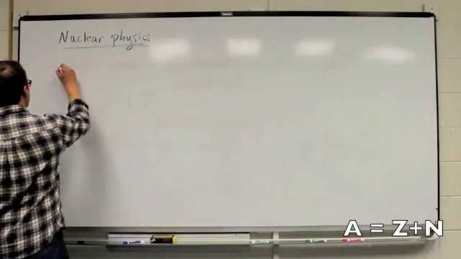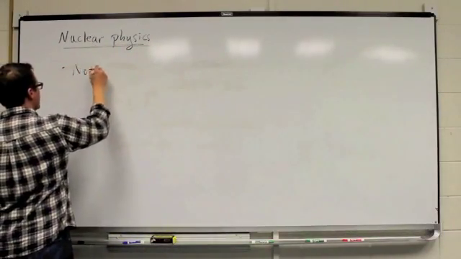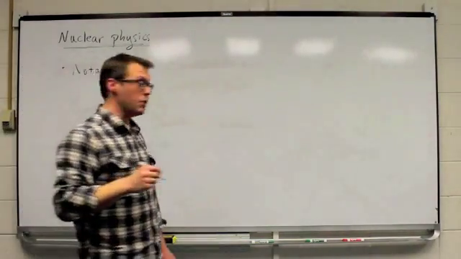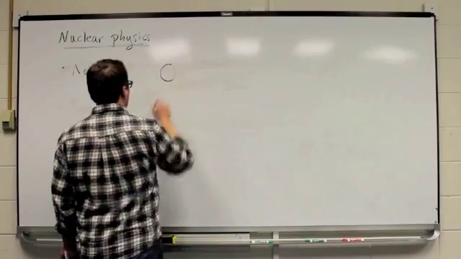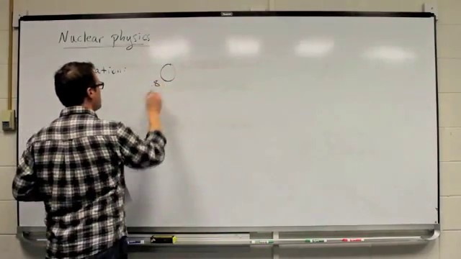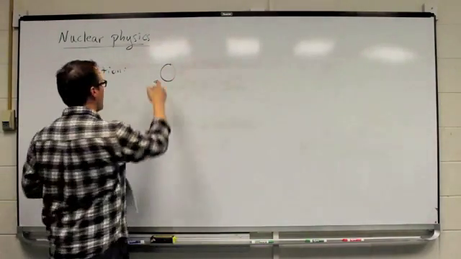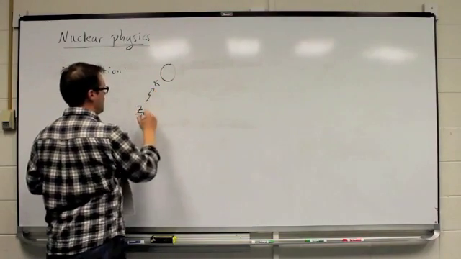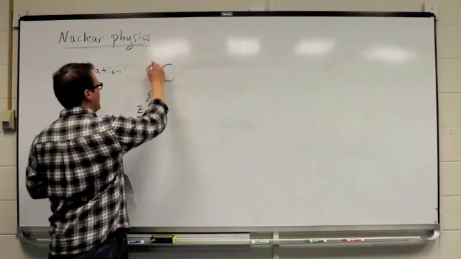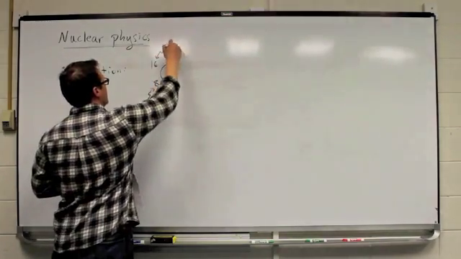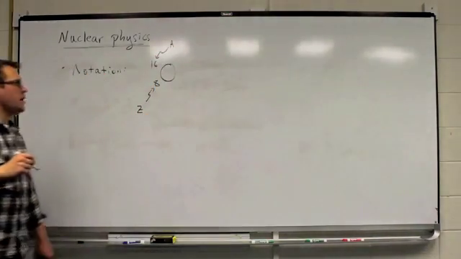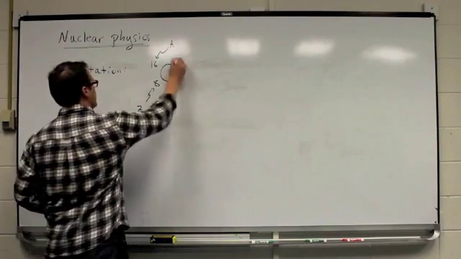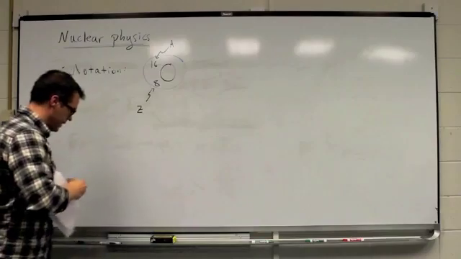And so the notation that we typically use for a nucleus, for example, an oxygen nucleus, oxygen has 8 protons and 8 neutrons, and so its Z is 8, and its atomic mass would be 16. And so this is the way we typically notate an oxygen nucleus.